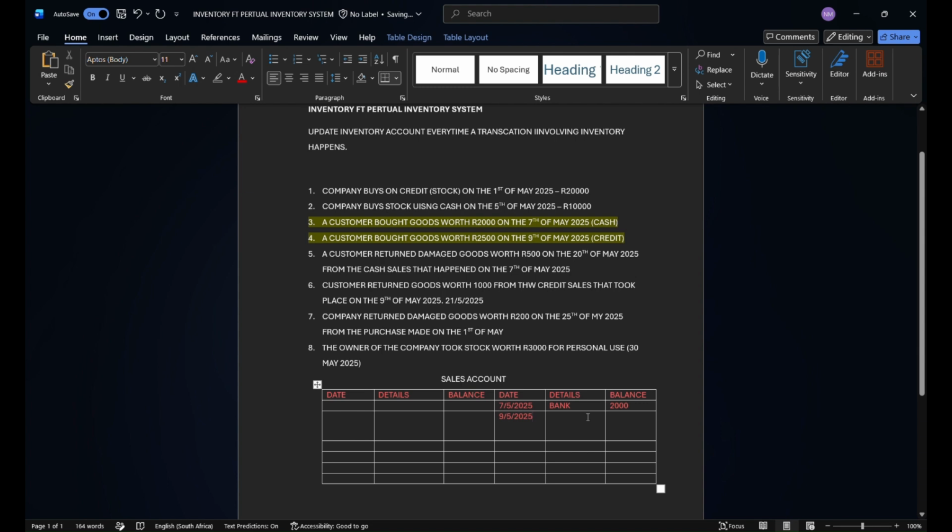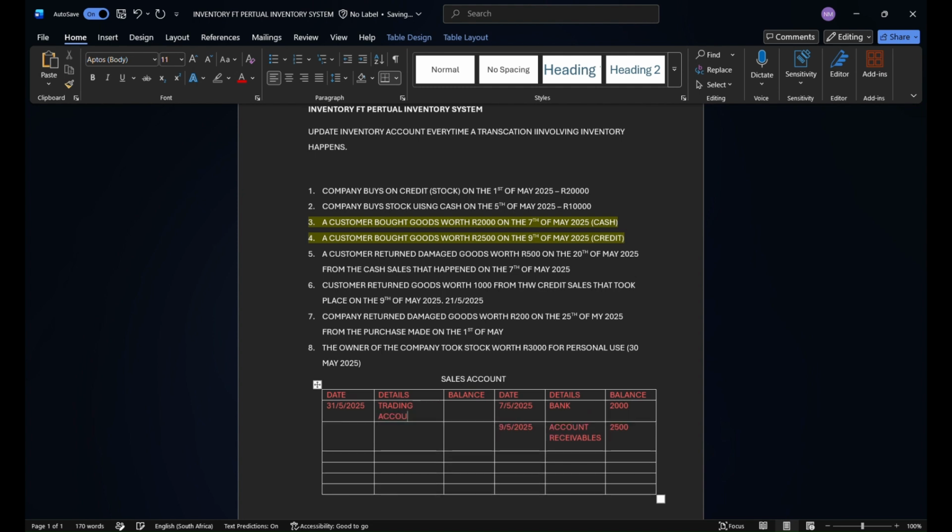Details is going to be account receivable since the customer bought on credit. 2,500. Then we close it off on the last day under trading account. 2,000 plus 2,500, that is going to be 4,500.